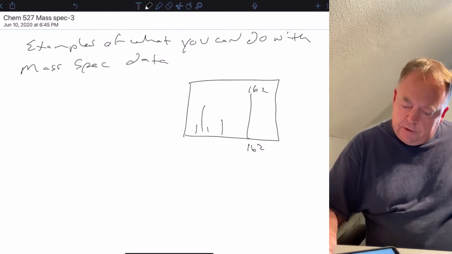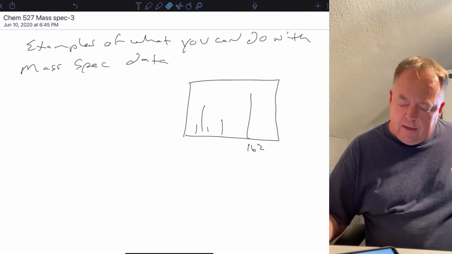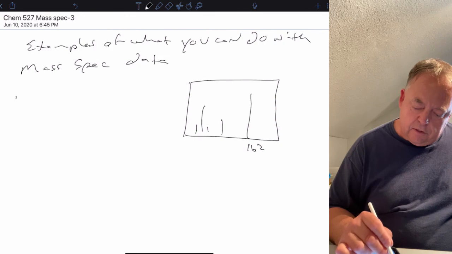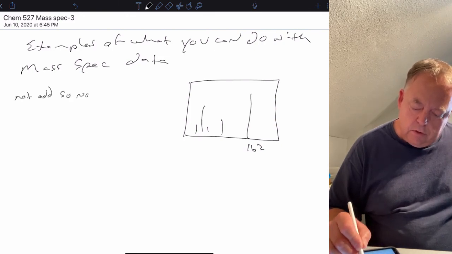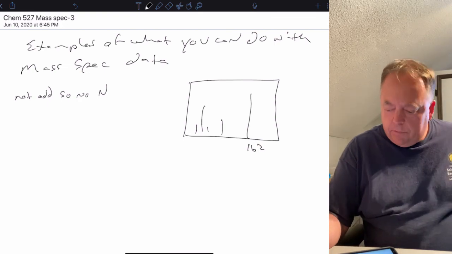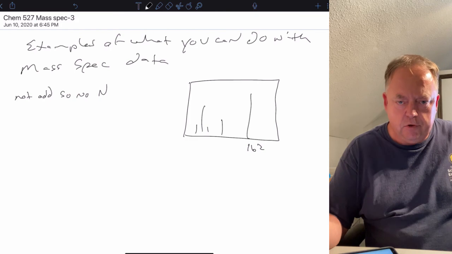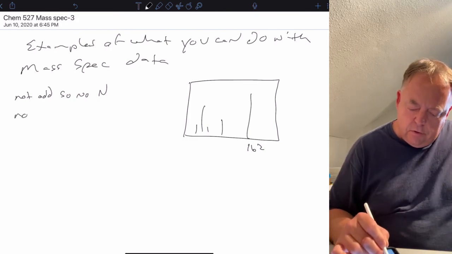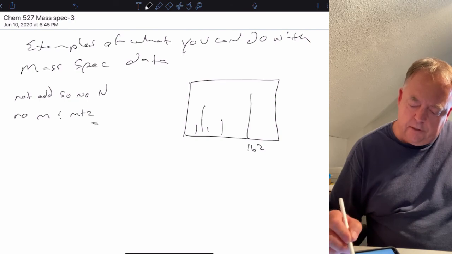So if we see a spectrum like this, where you have a parent ion at 162 and nothing else, first of all, it's not odd, so no nitrogen, unless there's an odd number of nitrogens or an even number of nitrogens, but I won't do that to you unless I tell you. There's no M and M plus 2, so no isotope peak.